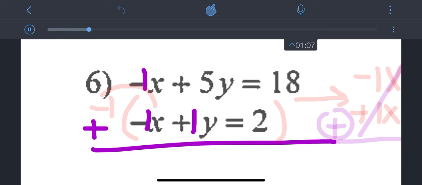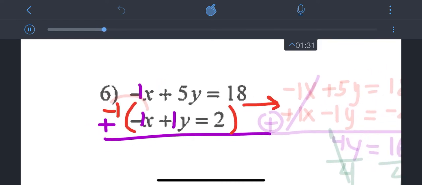So if you look at the x's, we already have -1 and -1. So if one of those was positive, then we would be done and it would work. So what I'm going to do is, to change a negative to a positive, you just multiply everything by -1. I'll do it to the bottom equation. Multiply everything by -1.